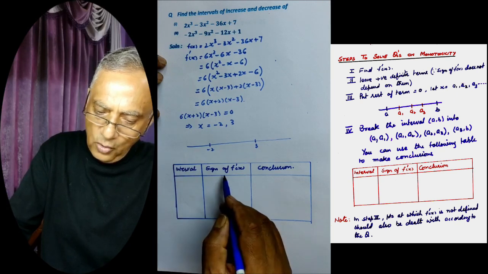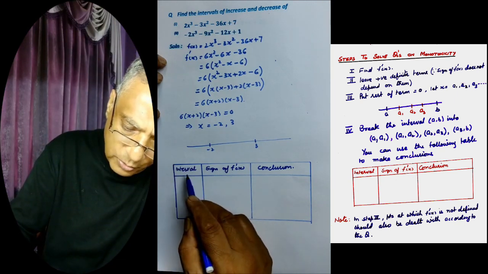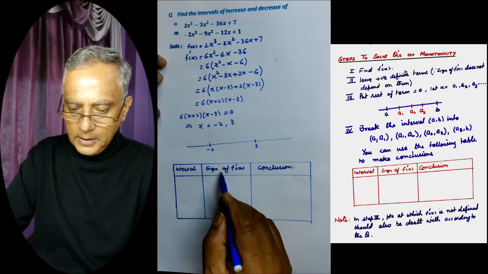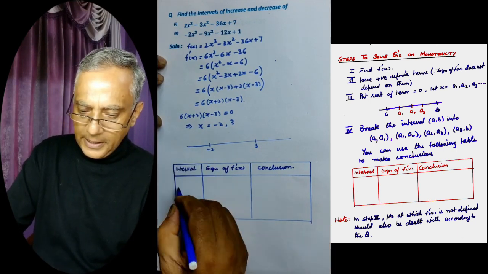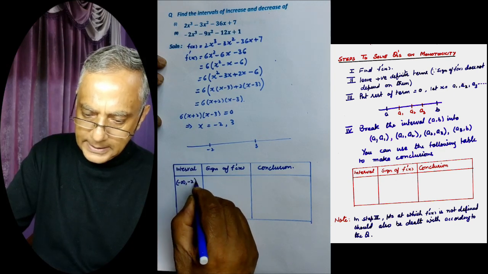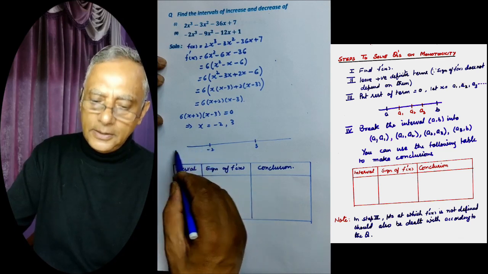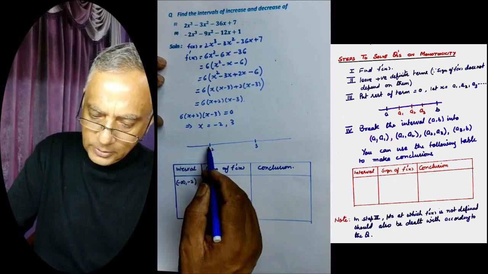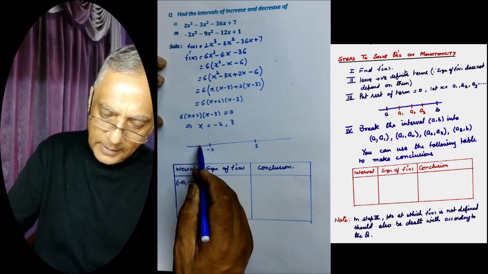It has 3 columns: interval, sign of f dash x in this interval, and conclusion. So the first interval is minus infinity to minus 2, and sign of f dash x. Now sign of f dash x is same throughout this interval.